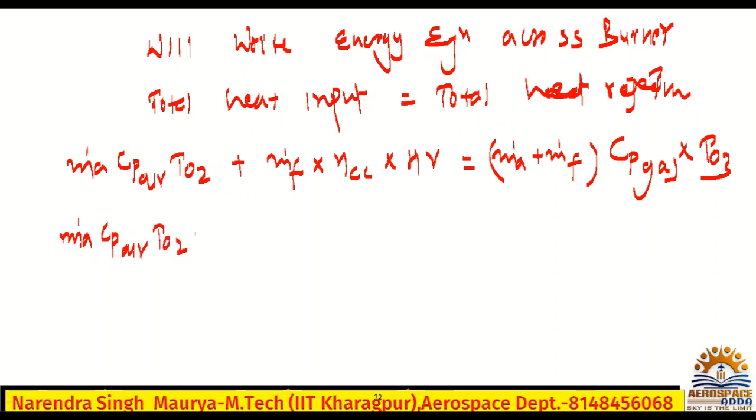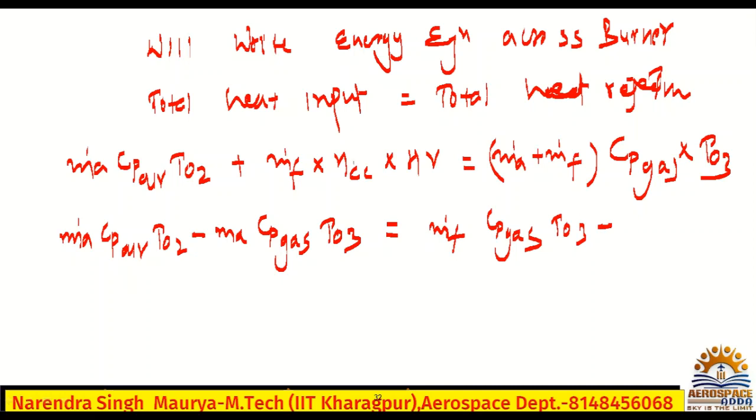Then I will take the m dot a part also to the right side: m dot a Cp of gas T03 is equal to m dot f Cp of gas T03 minus, taking m dot f this side also, m dot f eta Cc into heat value.